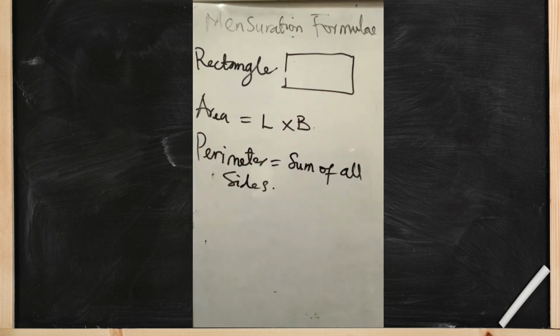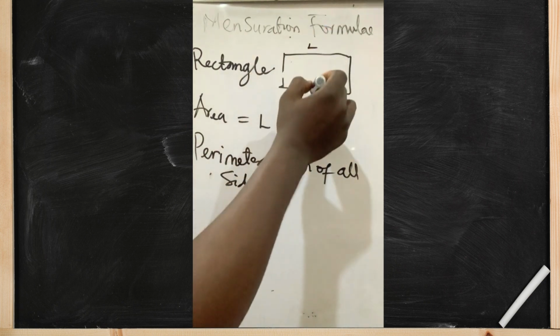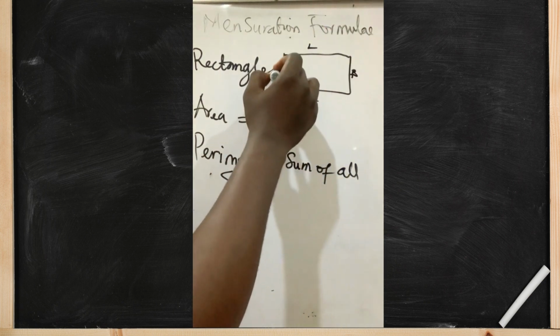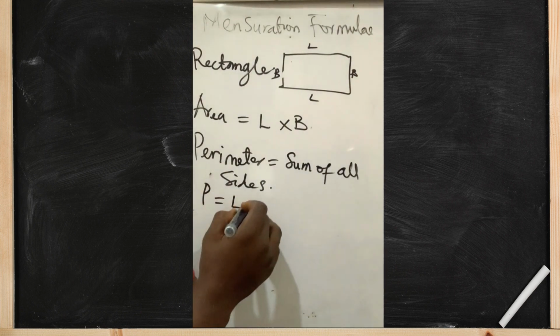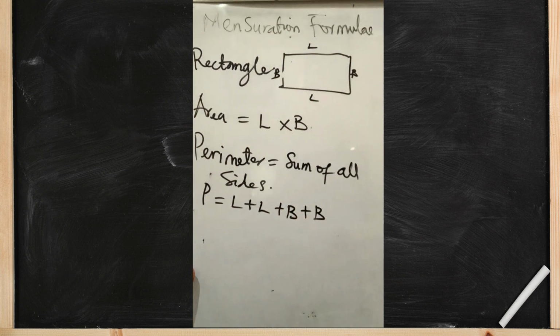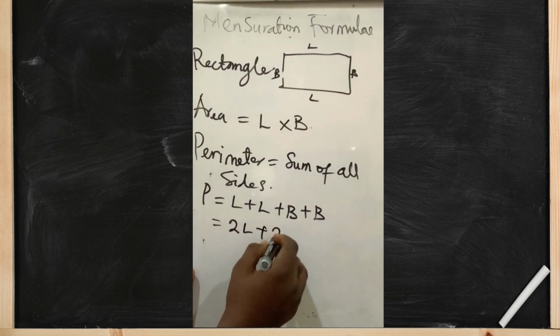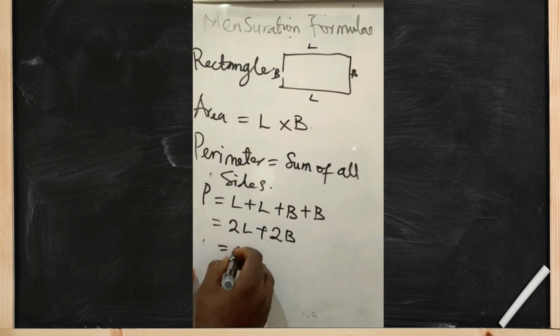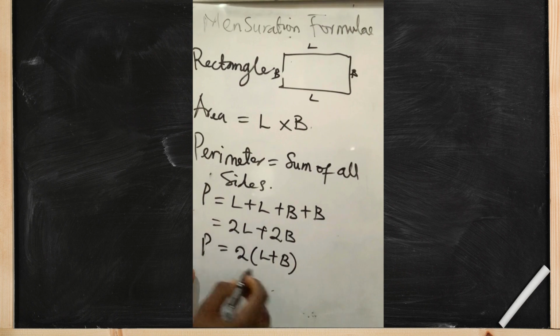So if you want to get the perimeter of this rectangle, if this is the length, this is the length, this is the breadth, and this is the breadth, the perimeter of a rectangle is L plus L plus B plus B, right? Then L plus L will give you 2L. Then B plus B will give you 2B. Then we're having 2L plus 2B. So that's how they arrive at the formula for perimeter of a rectangle.